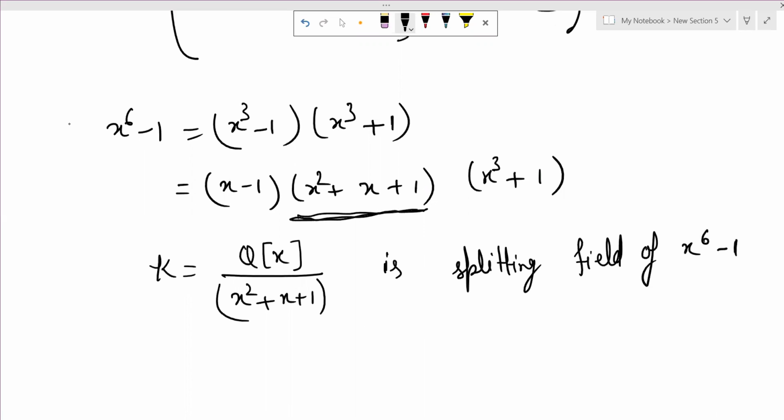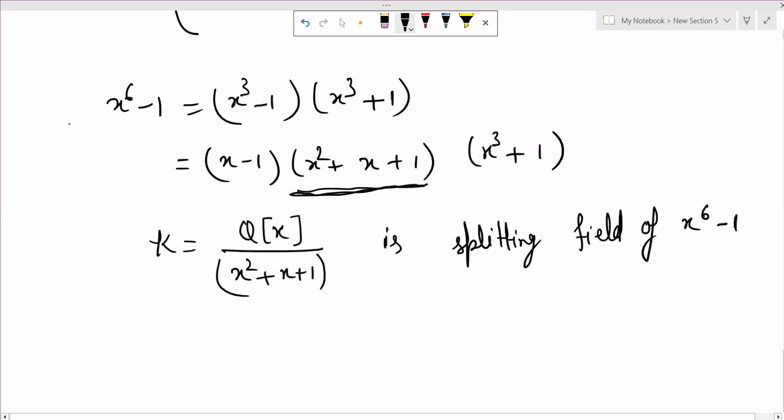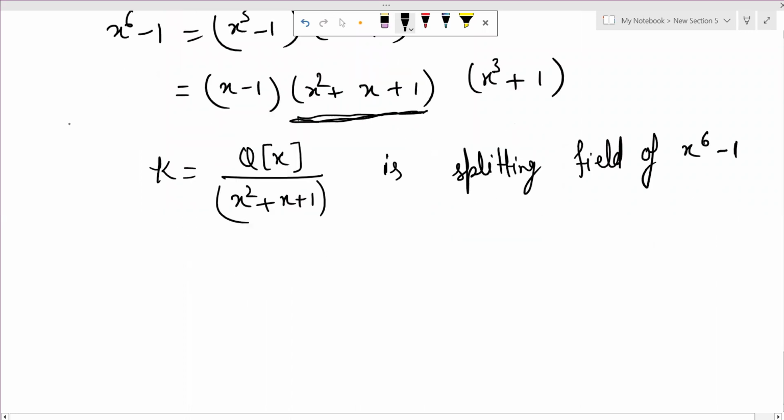But you can do this, because what are the roots of x square plus x plus 1? This is an irreducible polynomial over here. You can check because its roots are not in the field. A degree 2 polynomial is irreducible if its roots are not in the field, right? So what are its roots?